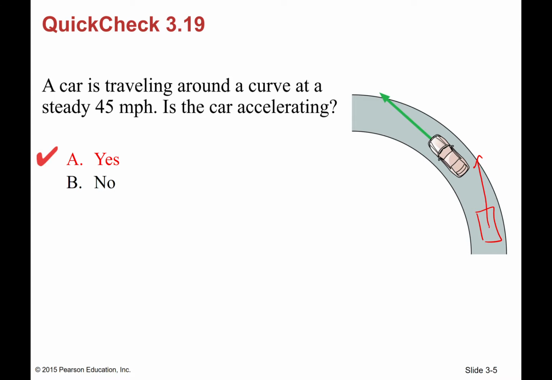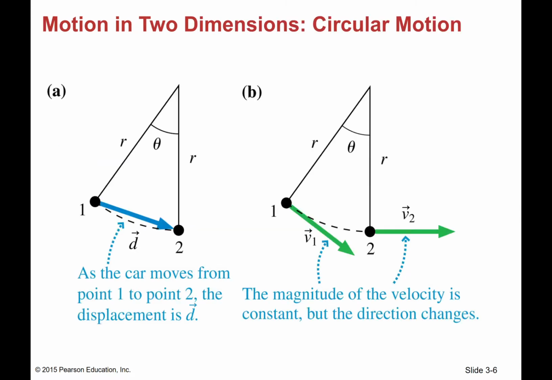So in going from this point to this point, the direction of the velocity vector has changed. Therefore, delta v is not zero, and delta v over delta t, which is the acceleration, is also not zero.